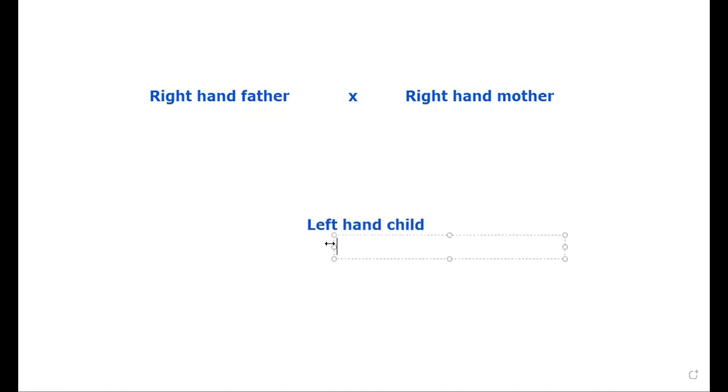Left-hand child means that child has a gene combination, what is it? Simple h, simple h. Correct? Because left hand is a recessive character. Agree? Yes, sir. That means his father has given him which gene? Simple h. His mother also has given him which gene? Simple h. Agree?